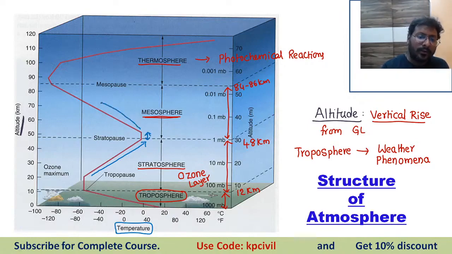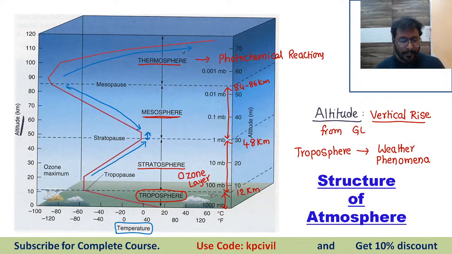Temperature is on the x-axis now. Temperature falls with rise of altitude in the mesosphere. In the thermosphere, temperature again goes on increasing. So this is a temperature versus altitude graph in the four different zones of the atmosphere.